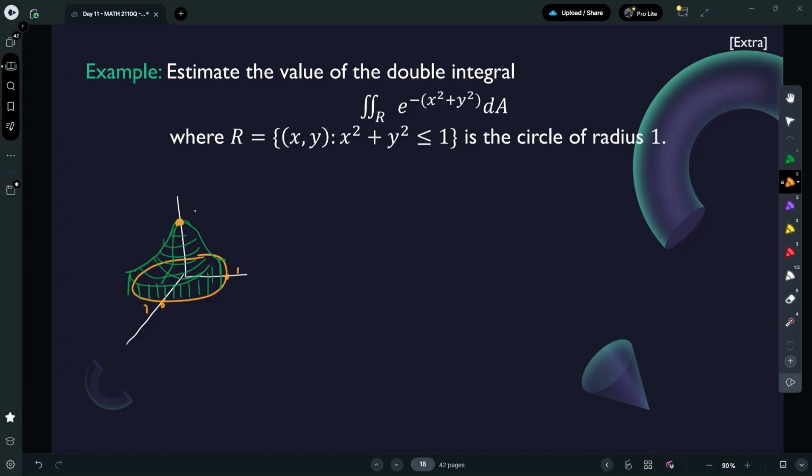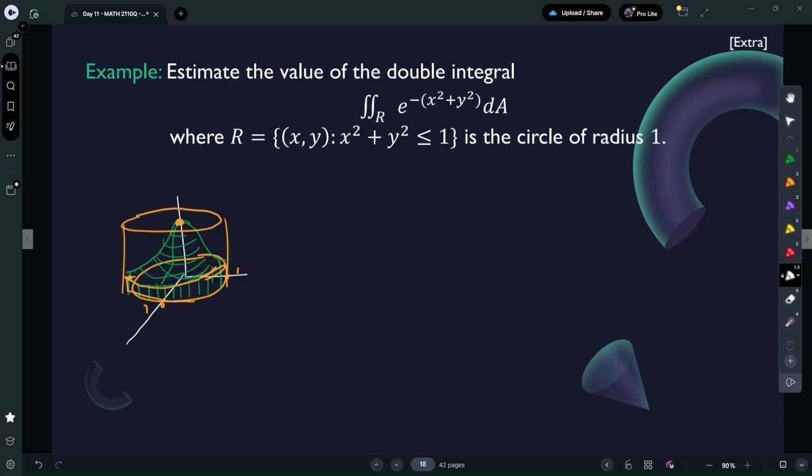If I find the maximum value of my function, then I can fit the whole picture in a cylinder. And also, if I find the minimum value of the function, I can fit another cylinder below it. So I know that the volume of the graph will be between the volumes of those two cylinders.